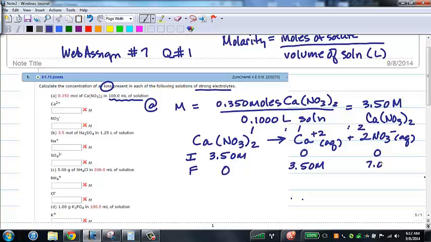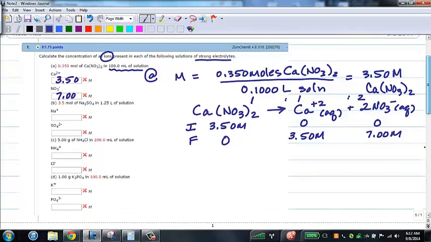There will be a 7 molar concentration of nitrate. Every time calcium nitrate breaks apart, it produces 2 particles of nitrate. So the concentration of nitrate will be twice that of the concentration of calcium, where only 1 particle is produced. So this value is 3.5 molar, and this value is 7 molar.